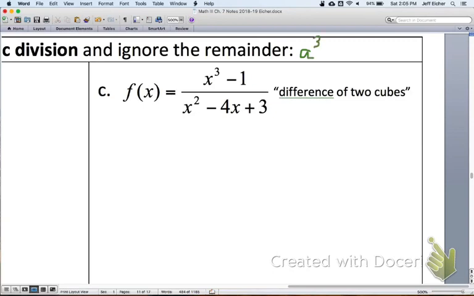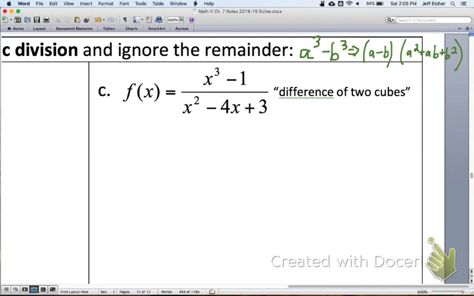If you had a cubed minus b cubed, that factors to be what? It would factor to be a minus b times a squared plus ab plus b squared.